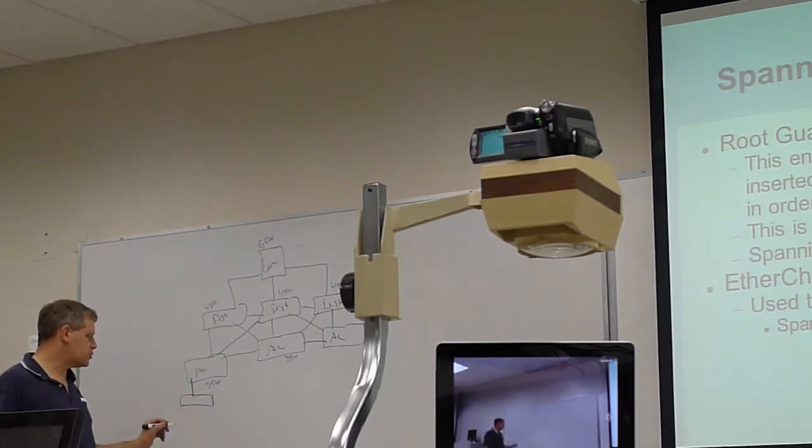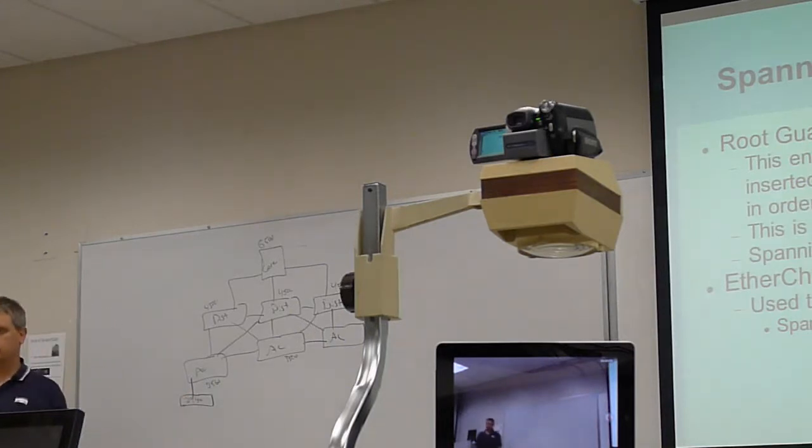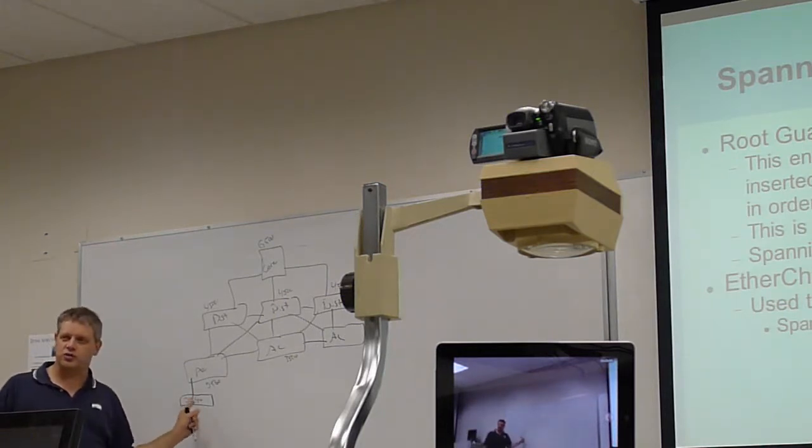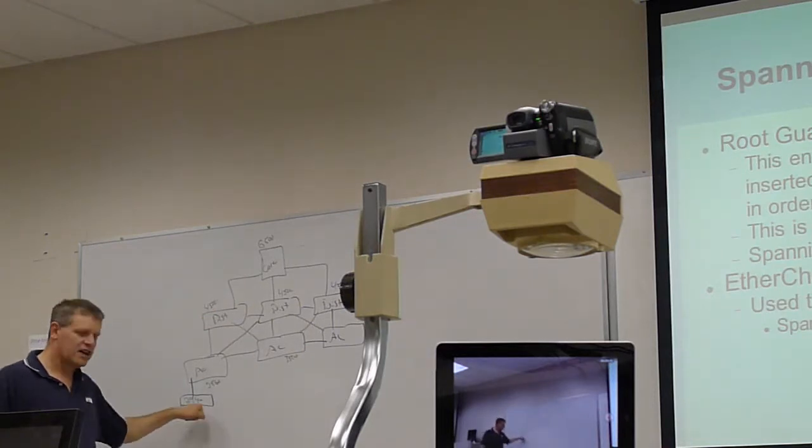You have a lower end switch, say a 2940, and for whatever reason you don't have root guard set up correctly, or some way this gets elected as your root bridge, the topology change happens, this guy can't keep up.